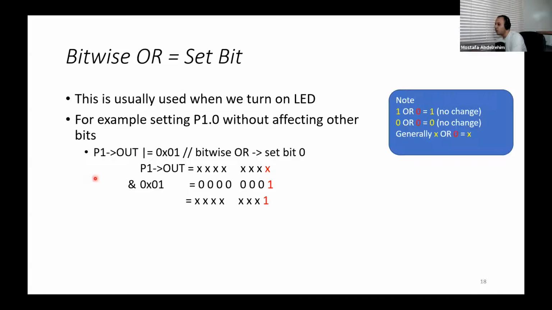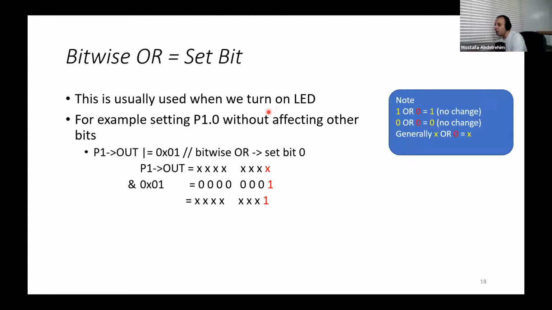Okay, so let's see how we do bitwise operations. Let's assume we want to make a bitwise OR. This is usually needed when you turn on some LED. You want to send 1 to a pin that is connected to the LED, then the LED will turn on.